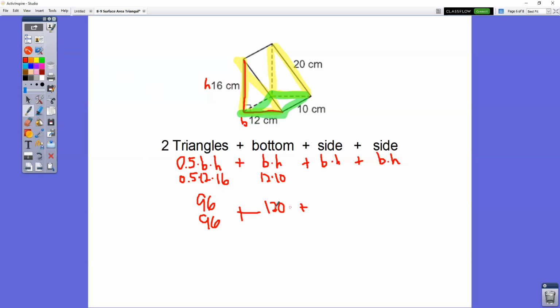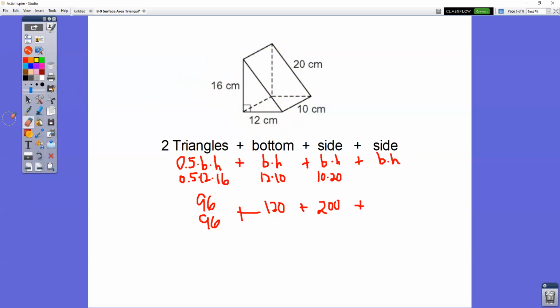For the side, my side is right here in the blue. When you take a look at that, this bottom part is 10, this side is 20. So I have 10 times 20. 10 times 20 is 200. Plus, on this back side, it's a little bit harder to see, so let me do this.